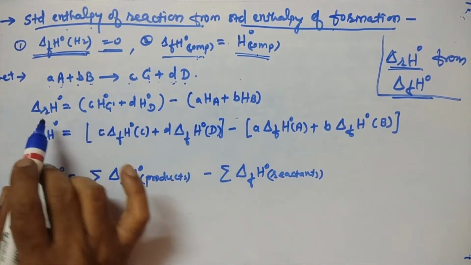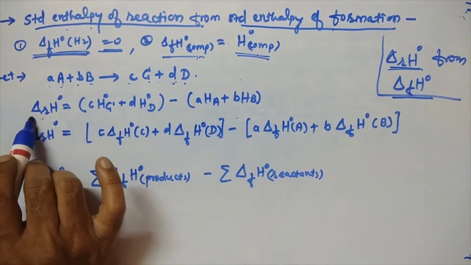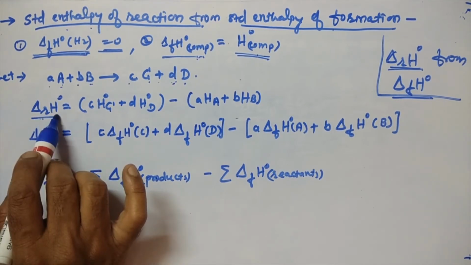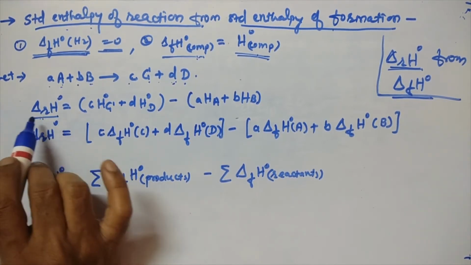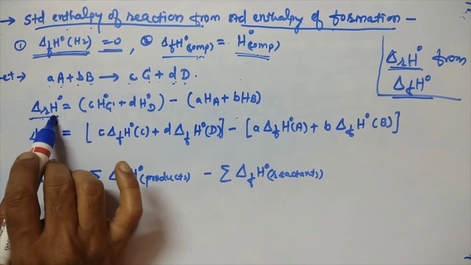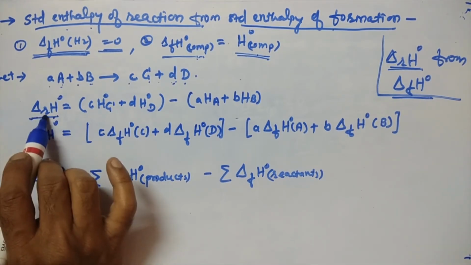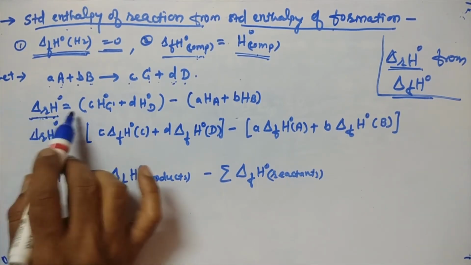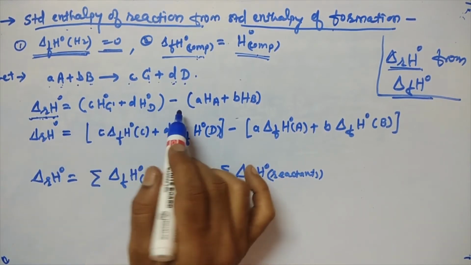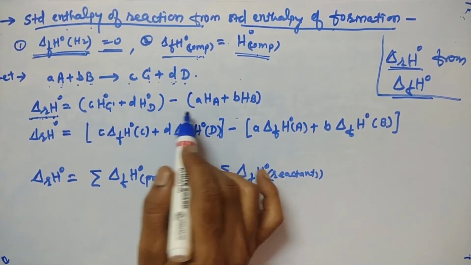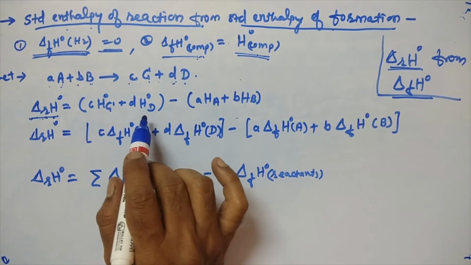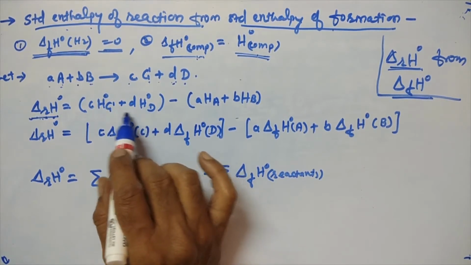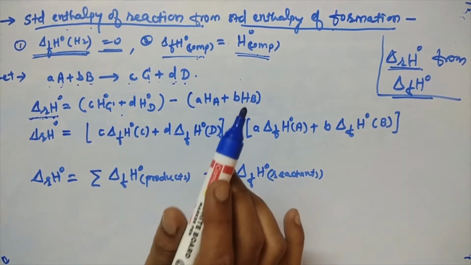Then the standard enthalpy of the reaction, delta RH, as we have stated previously, is the difference between the sum of the enthalpies of the products and reactants.